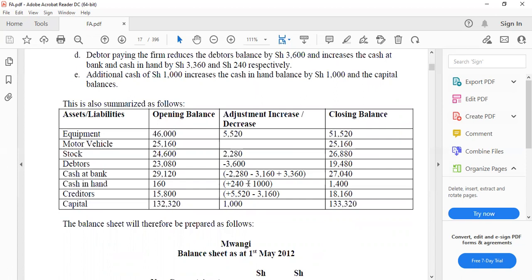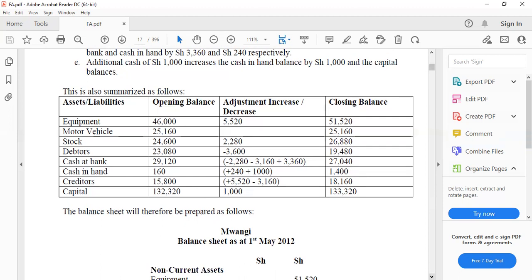Cash at hand, we had this one received from debtors, this one was for the capital, giving us this. Creditors, we had an increase in creditors for the equipment and the one that was paid, giving us this. Capital, we had this capital at the beginning plus 1,000 that was made at the end.